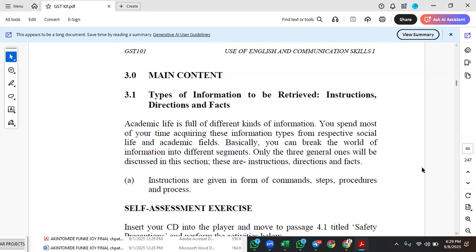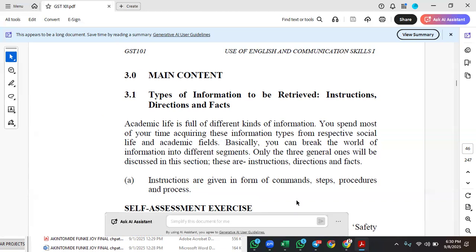What they are trying to say here is that it is not only instructions, directions, and facts that are the types of information that we have in the world setting. We have a whole lot of them. But for the purpose of this study of this material, we are only concerned about the three that are listed here: retrieving information in the format of instructions, directions, and facts.